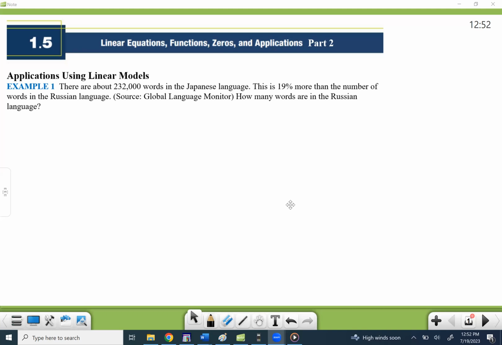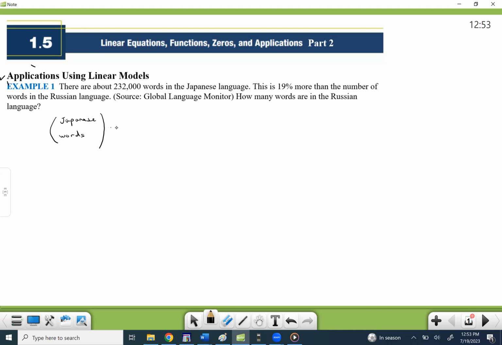And then the next thing I do is I don't go right away to math. I actually go to English first. I'll go to words. So here's what I'm thinking in my mind as I read this problem. The first thing I'm thinking is that the number of Japanese words, it says here, is 19% more than the number of words in the Russian language.